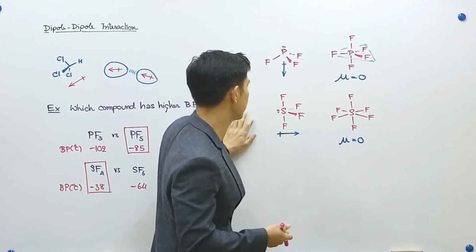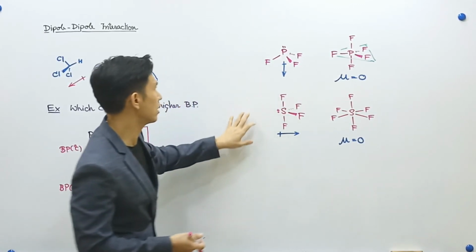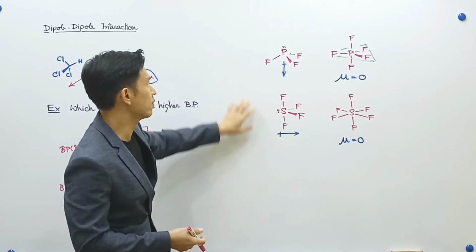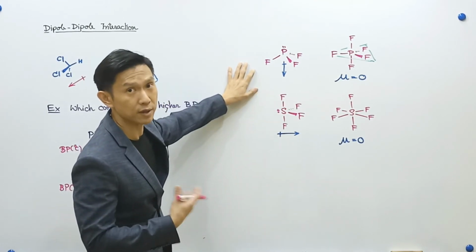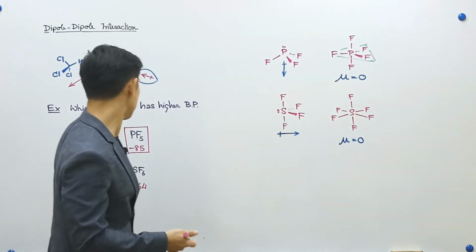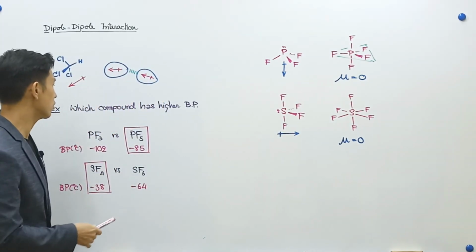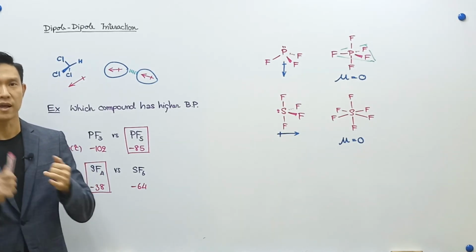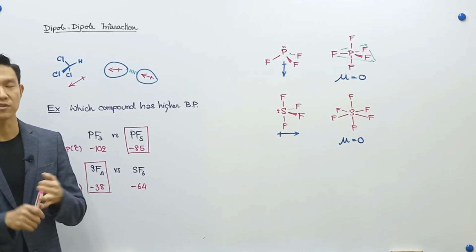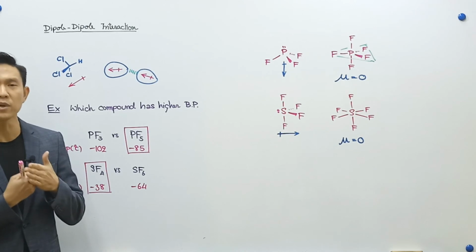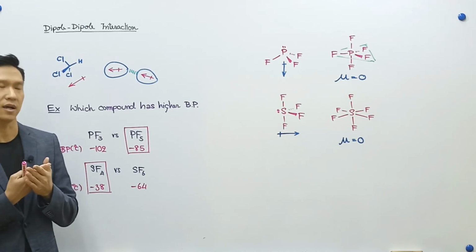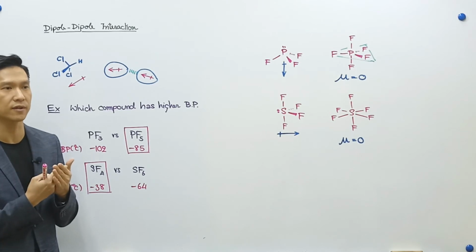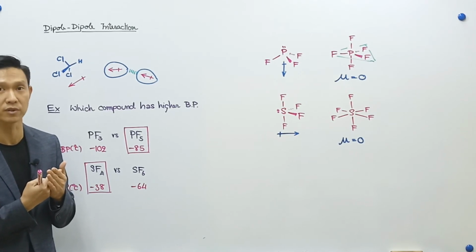Than PF3 and SF4. But for the left-hand molecules here, you have higher dipole-dipole interactions. So the first pair, because we have two factors, dipole-dipole interactions and London force, they just fight against each other. And we cannot really point out with which kind of intermolecular interaction is more important.